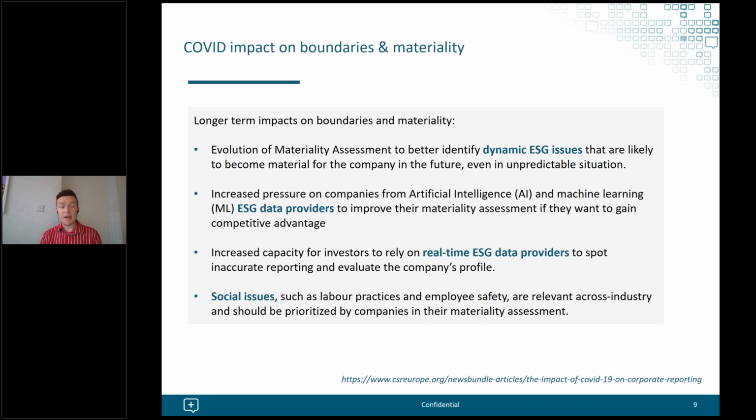Alongside that, technology is only increasing, and from a data standpoint, things like AI as well as machine learning are really providing opportunities for ESG data providers to improve materiality assessments from a data acquisition standpoint.